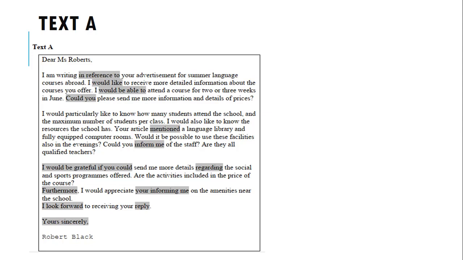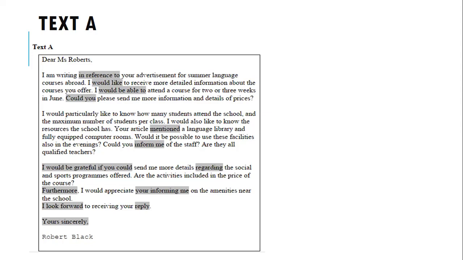However, if you are speaking, you can use contraction to make it more fluent and natural. But in writing, just write it in full. I would like to receive more detailed information about the courses you offer. I would be able to attend, telling that you are available to join.